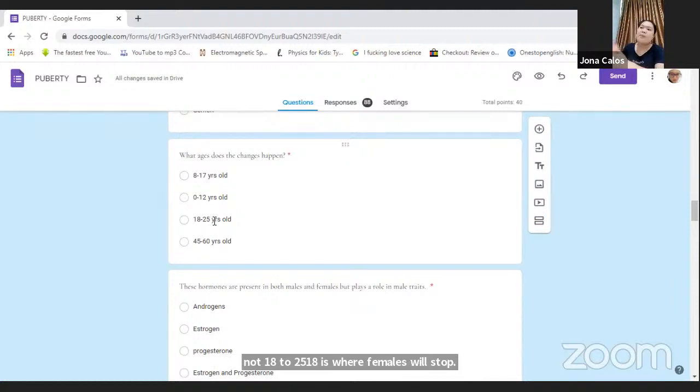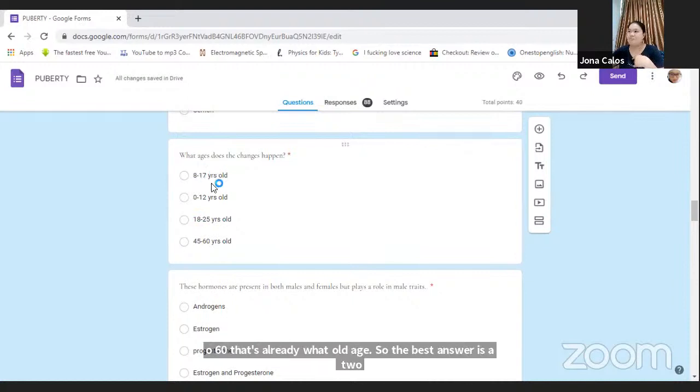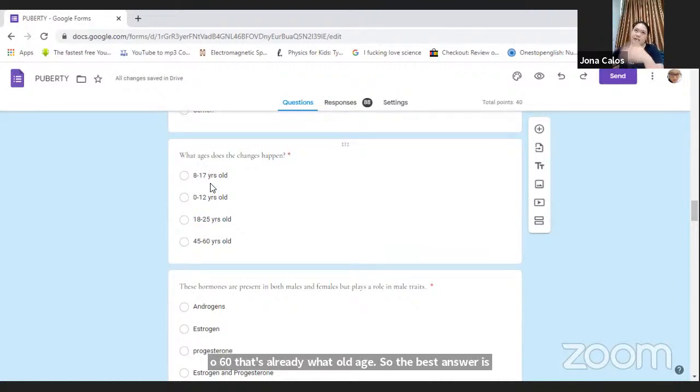So it should be before 18. So of course, 45 to 60, that's already what? Old age. So the best answer is 8 to 17. 17, 18, 19, 20, even that one. So again, this one is just the general average. So it can either be younger or older. But the middle is 8 to 17.